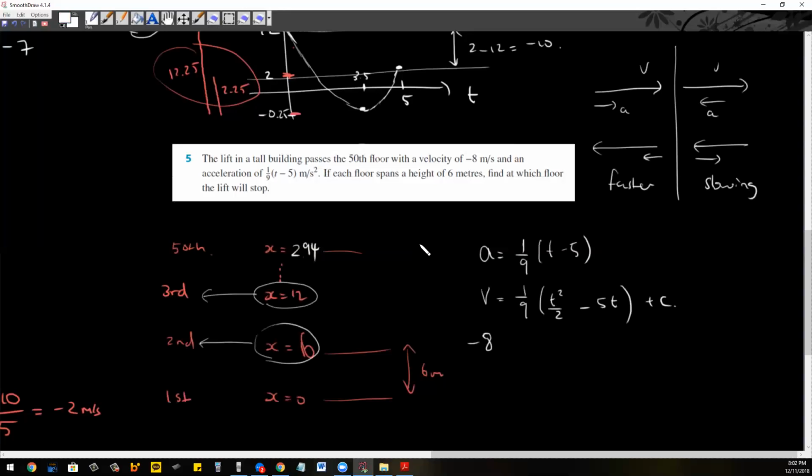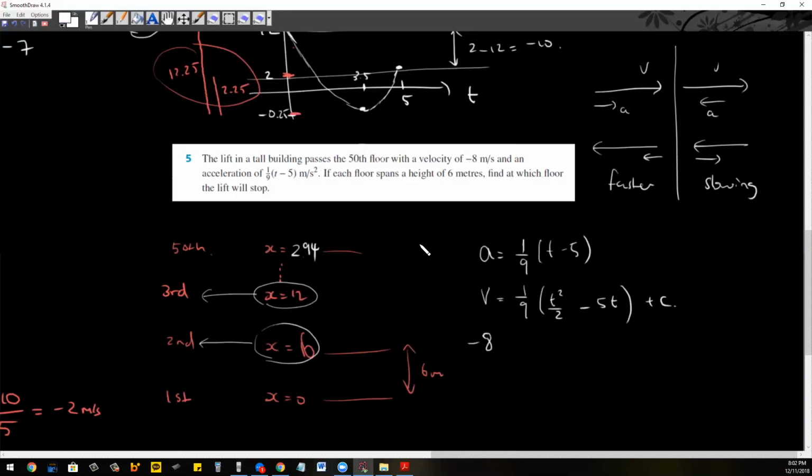I get that you can anti-differentiate all of them, and I found the position and stuff. For x, like for position, when you anti-differentiate velocity after you anti-differentiate acceleration, you use 300 because 6 times 50 is 300, so c would be equal to 300 when t equals 0.